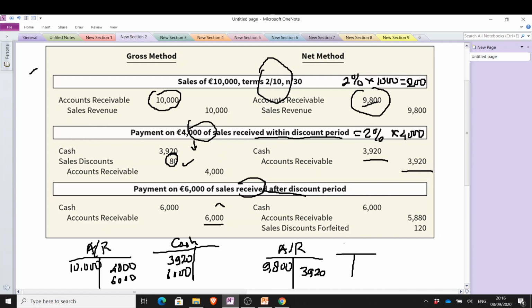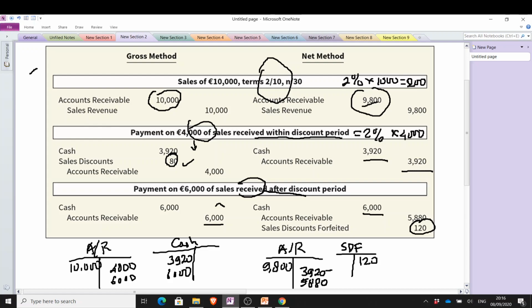But using the net method, you look at here, we also receive cash as much as 6,000, but our account receivable we only receive as much as 880, while the other 120 is what they call sales discount forfeited, or that is not being used.